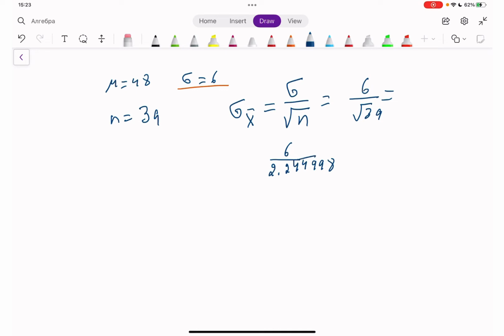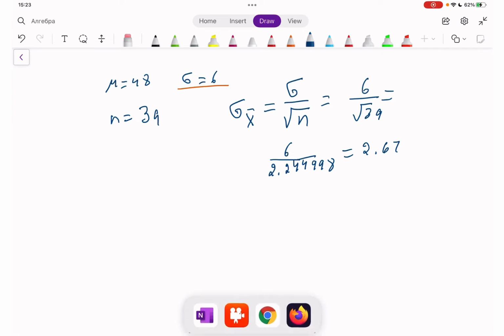Okay, good enough. So from here, I'm taking 6 and dividing by 2.24498, and my answer is 2.67.